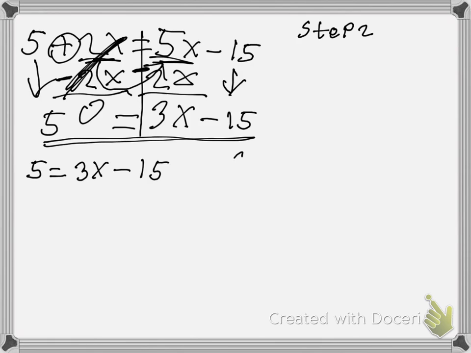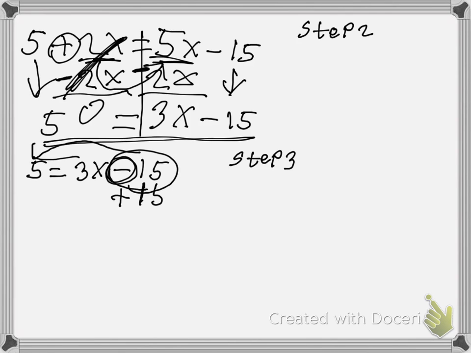So step 3 is moving this over here. Look at the sign, it's a negative, so the opposite of a minus would be a plus 15. If you owe someone $15 and you give them $15, how much would you owe them? 0. But remember, whatever you do on one side of the equal, you've got to do on the other.